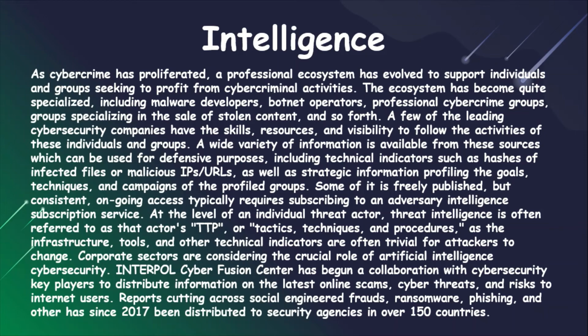A few of the leading cybersecurity companies have the skills, resources, and visibility to follow the activities of these individuals and groups. A wide variety of information is available from these sources, which can be used for defensive purposes, including technical indicators such as hashes of infected files or malicious IPs or URLs, as well as strategic information profiling the goals, techniques, and campaigns of the prolific groups.